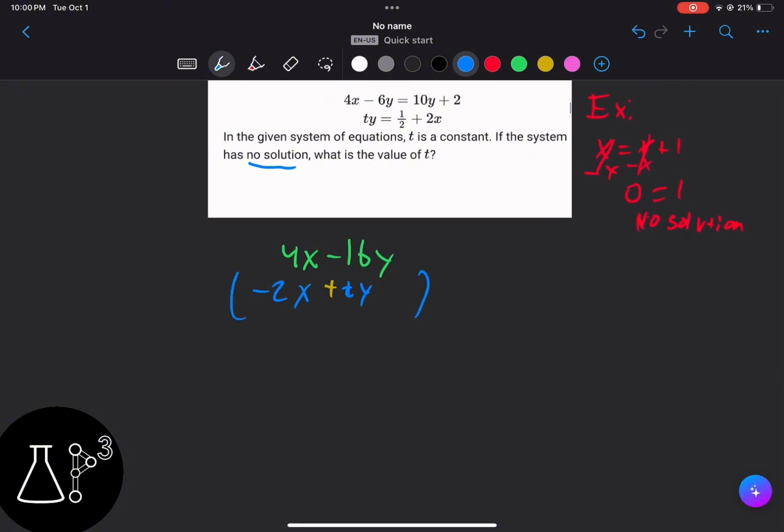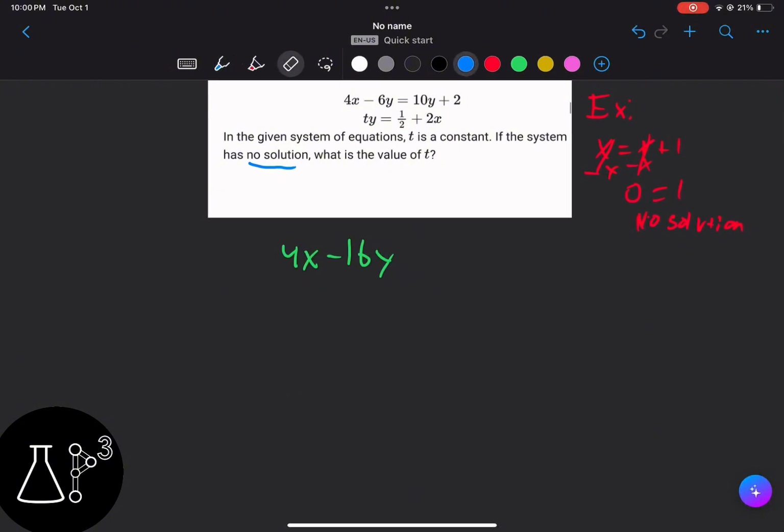If I multiply by 2, I get negative 4x, and 4x minus 4x equals 0. So this equals 0, and they cancel out. So what value of t when multiplied by 2 gives us a positive number that cancels out with negative 16? It would be 8.